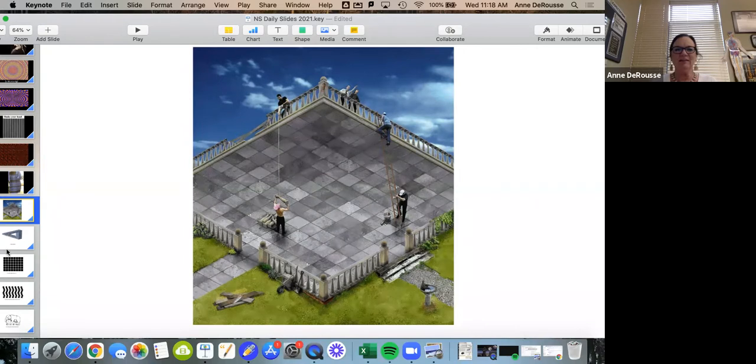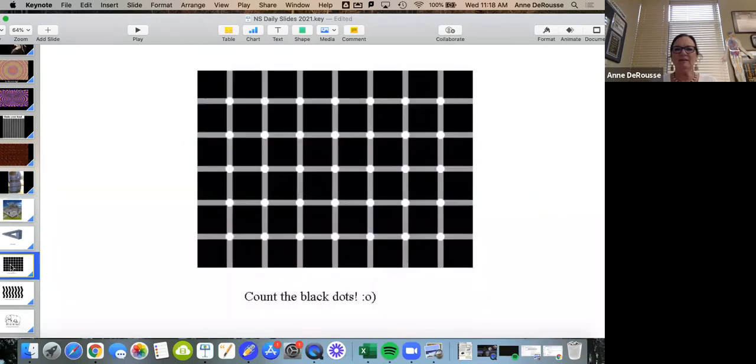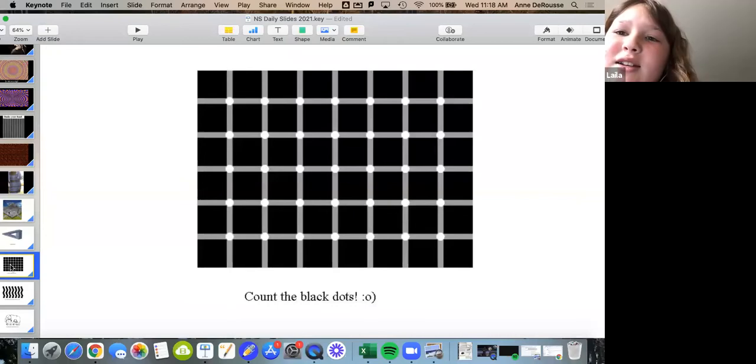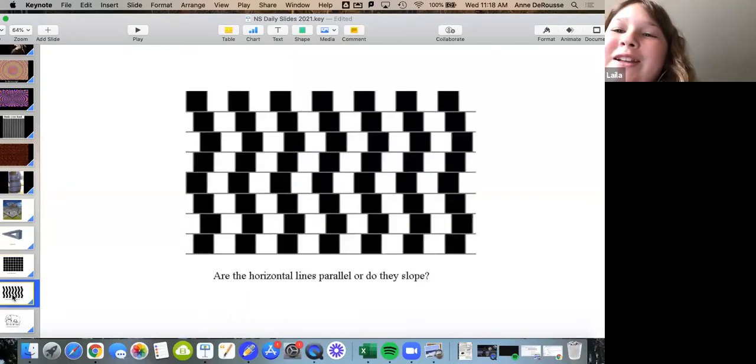Pretty wild. Okay, what about this? Count the black dots. Are they moving? Yes. It's very frustrating. When you try to look away, they keep moving. I know.